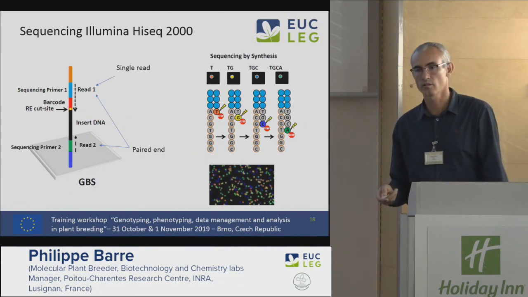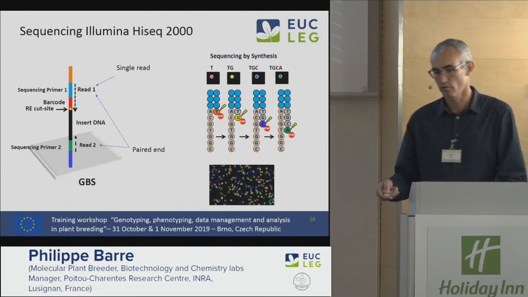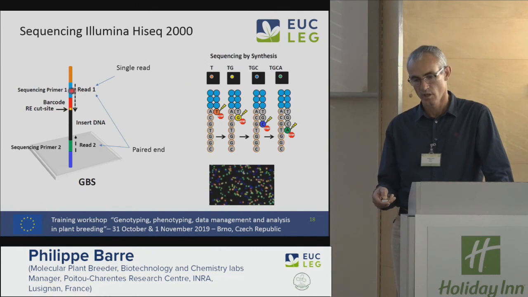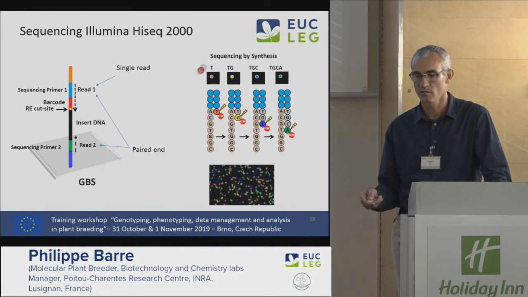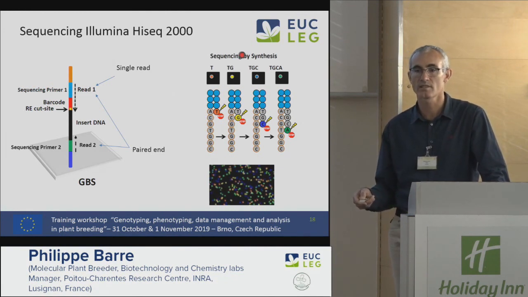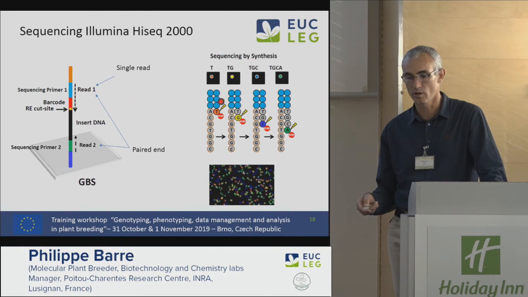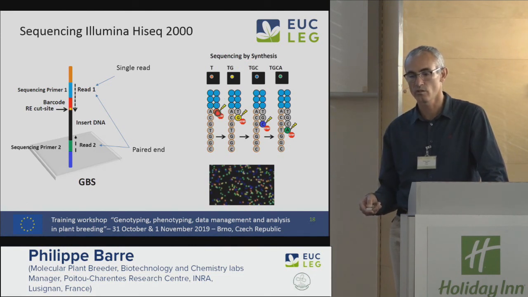And then you have the sequencing process. So for example, here with the sequencing primer number 1 in blue, you start, in fact, a synthesis of the DNA fragment. And when you do the synthesis, you use fluorochromes with different colors.